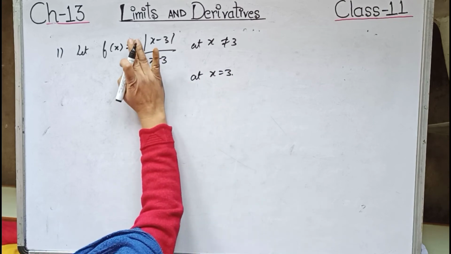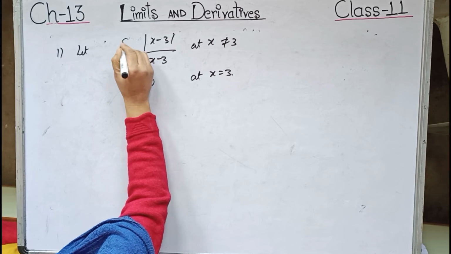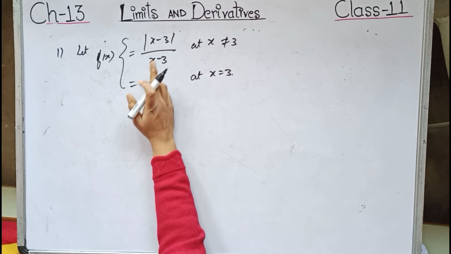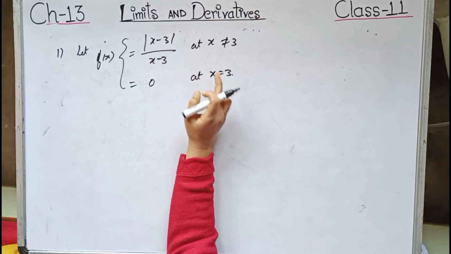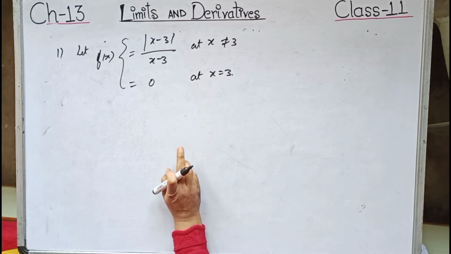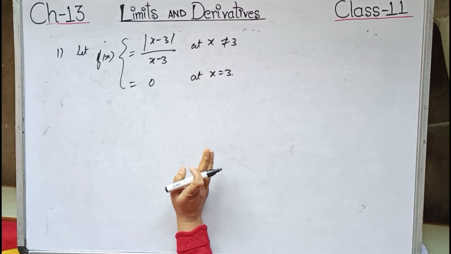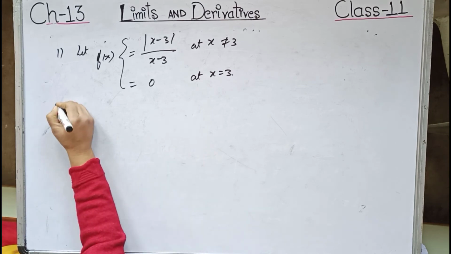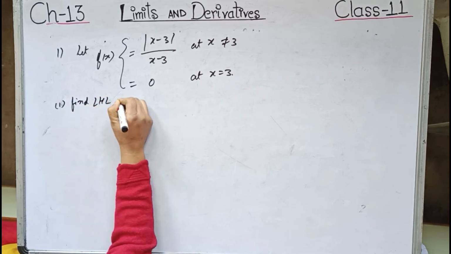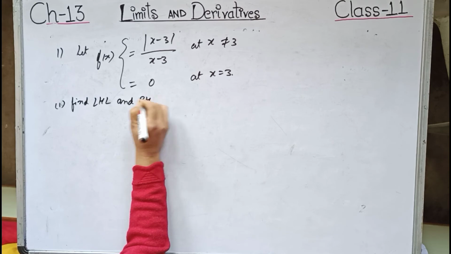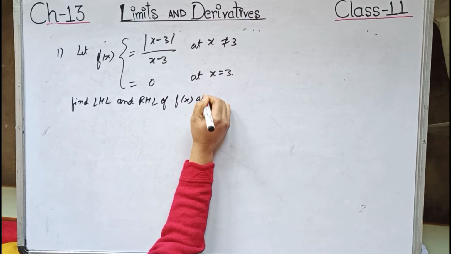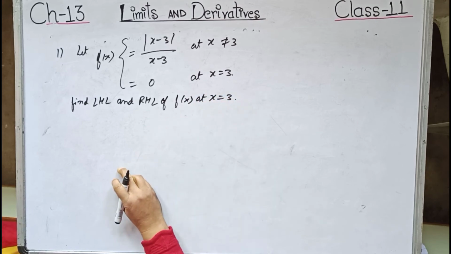So this function is defined as such. The question is: find the left hand limit and right hand limit of f(x) at x equals 3.